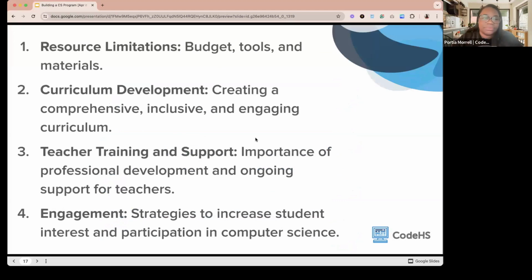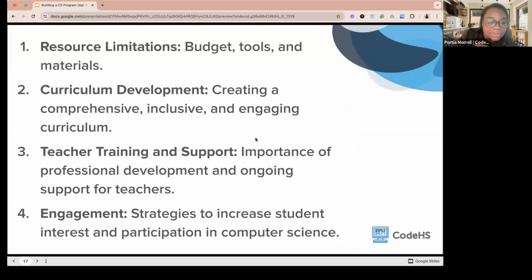All right, so resources and limitations, we're talking about budget, tools, materials, having access to software, internet, all of those things. Curriculum development, we're talking about creating a comprehensive, inclusive, engaging curriculum, choosing which curriculums work best for your students.